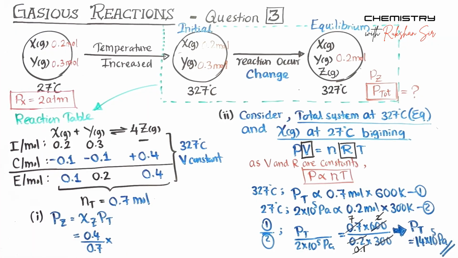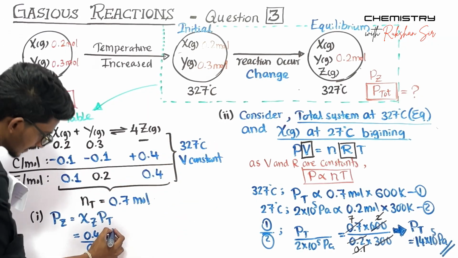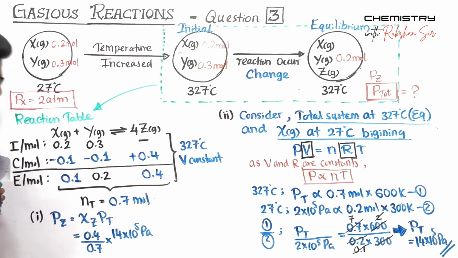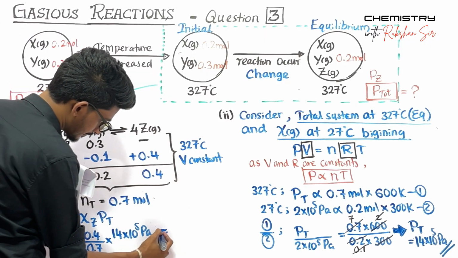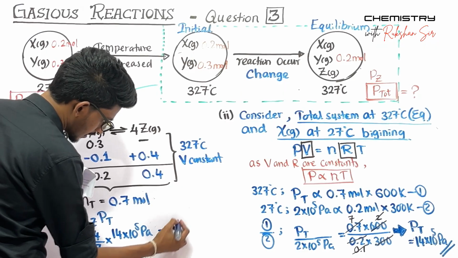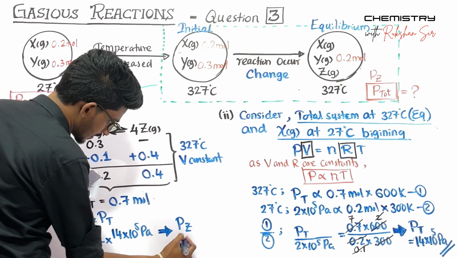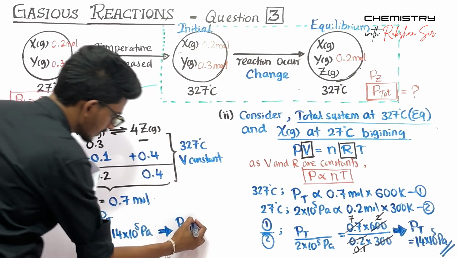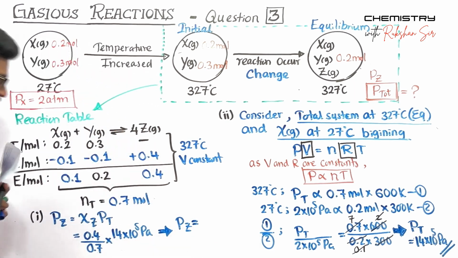The P total is just found as 14 into 10 power 5 pascals. Right? So this will give you your P set.